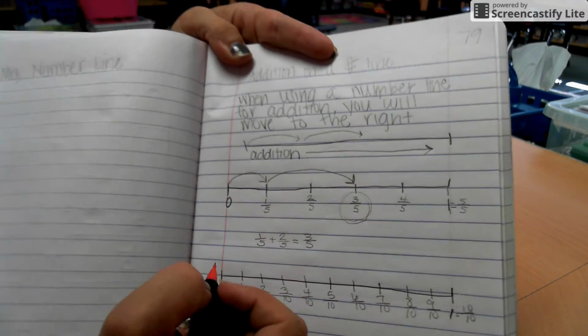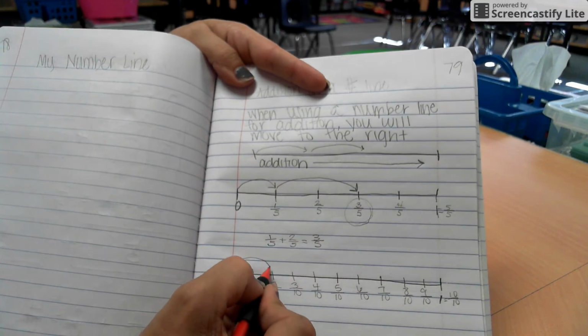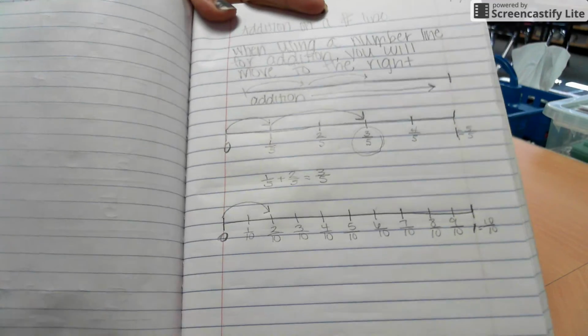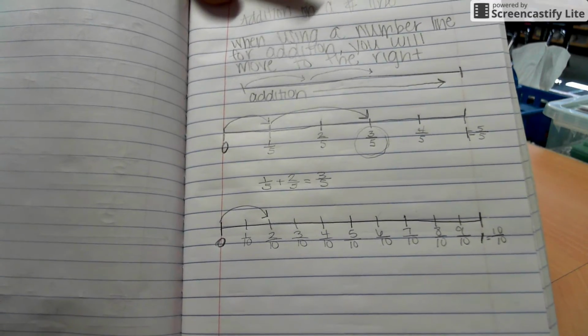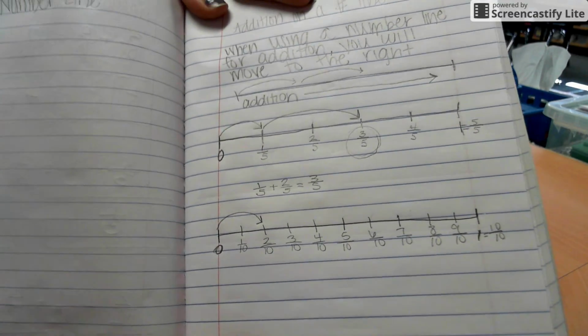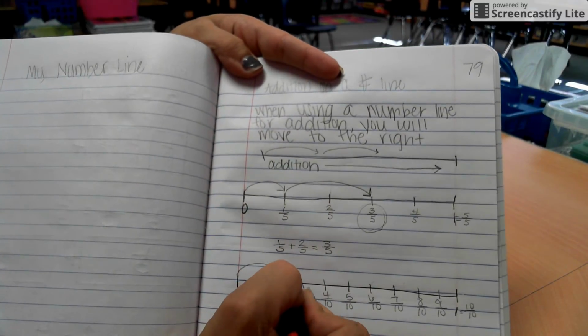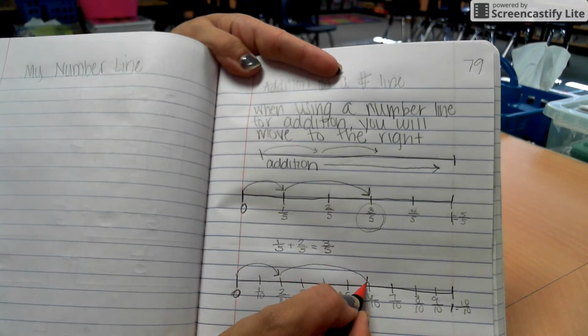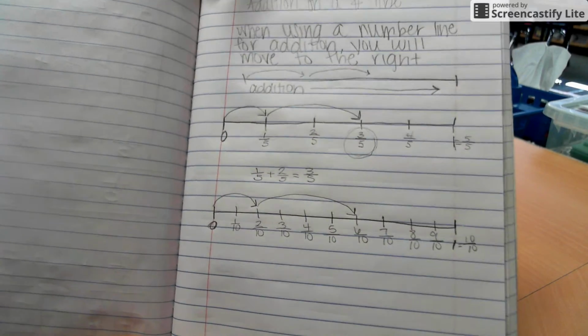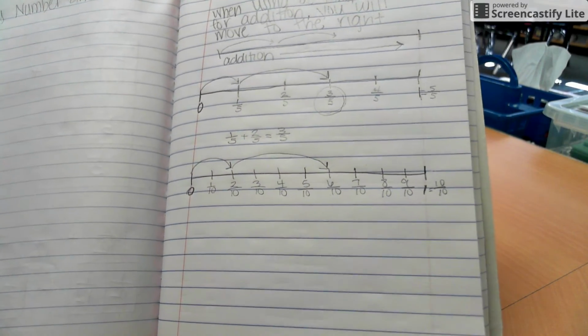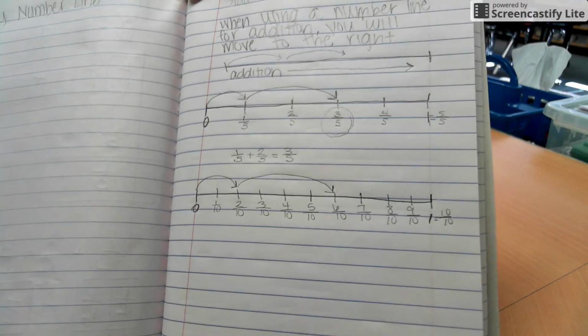And I'm going to start at 0. And my first interval is going to go to 2/10. And then I'm going to skip to 6/10. Now I want you to pause and make an addition sentence just like we did here, and then we're going to check it.